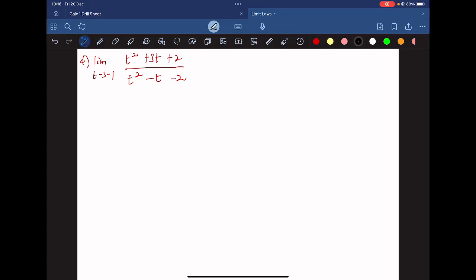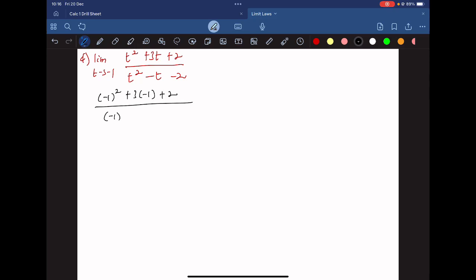Now doing the same thing, we get to see that if we put in negative 1, you have negative 1 squared plus 3 negative 1 plus 2 over negative 1 squared minus negative 1 minus 2. Negative 1 squared is 1, then minus 3 plus 2. This is 1 plus 1 minus 2. So we get to say we have 0 out of 0.